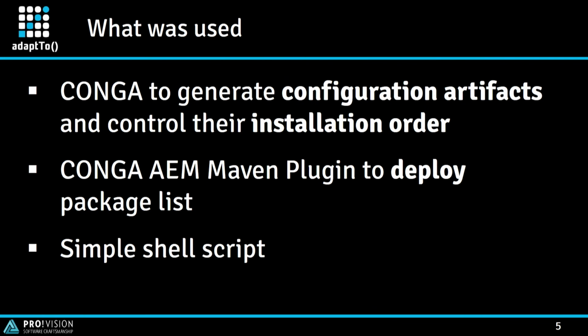You have the generated configuration artifacts and control their installation order, including third-party packages and your own packages. You have this Maven plugin to deploy this whole list, and a simple shell script just as glue code. And this is very simple. What you do not have is a dispatcher or third-party services like Solr, but for most AEM projects, you do not need them, you just need an instance.